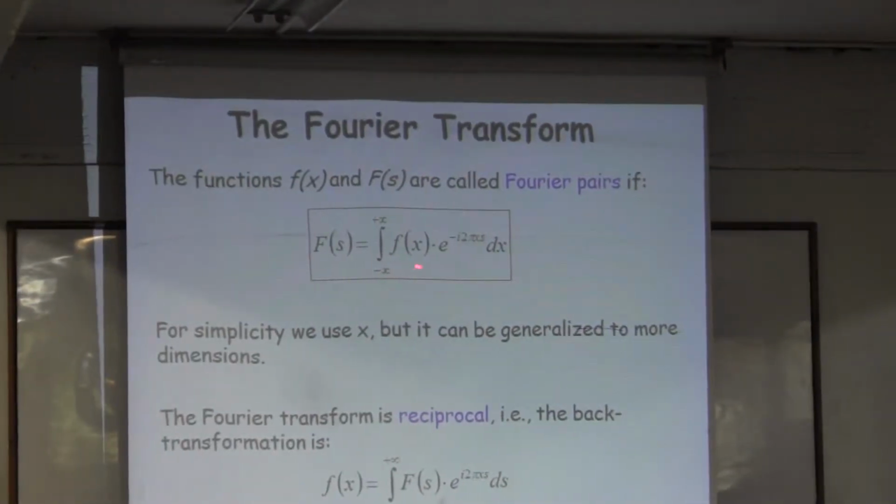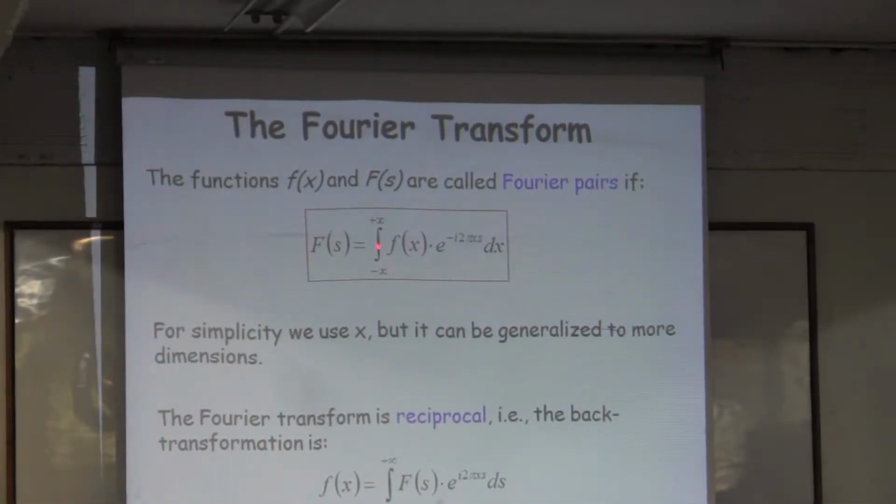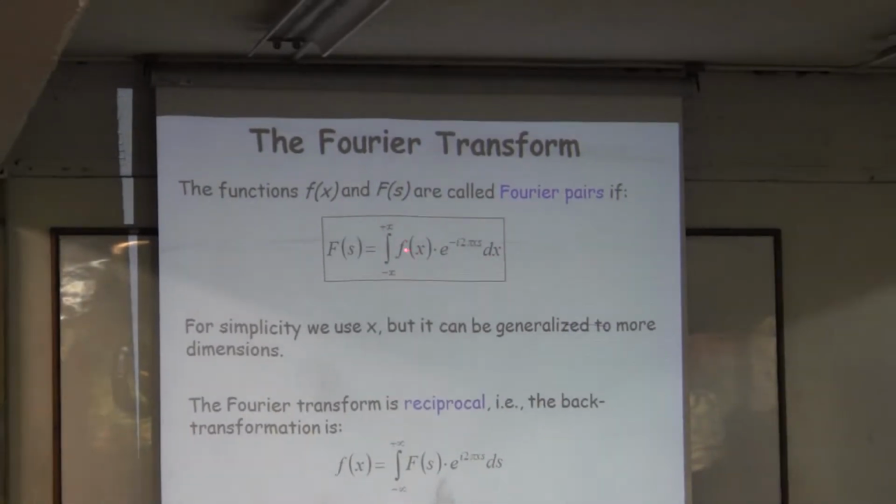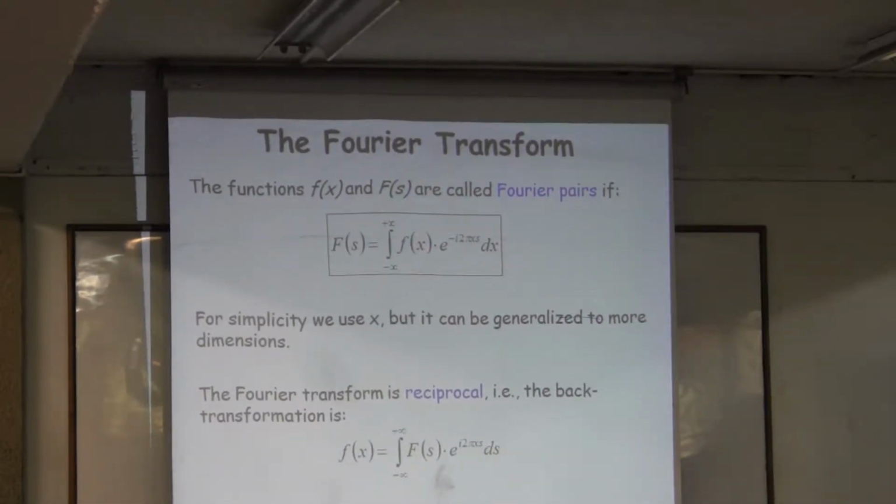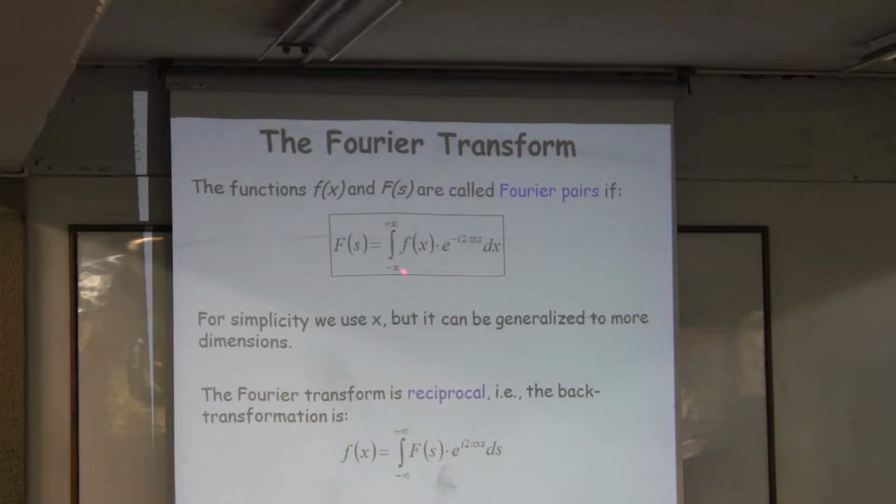And then we have the integral over this function from minus infinity to plus infinity, or in reality, when you compute that, of course, it's over a large interval. Definitely need a large interval, but practically never infinity, times this exponential function here that's given by Euler's formula. But again, remember that in principle, this term here only represents the combined sine and cosine waves.